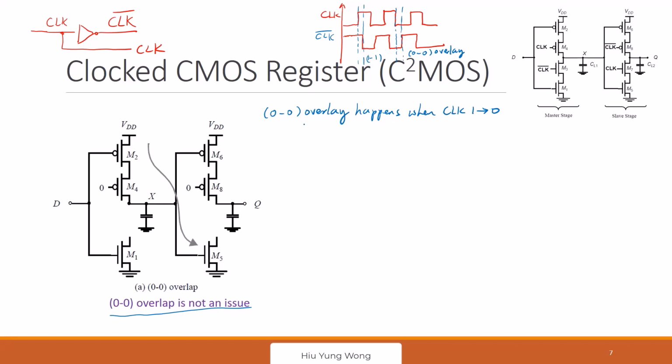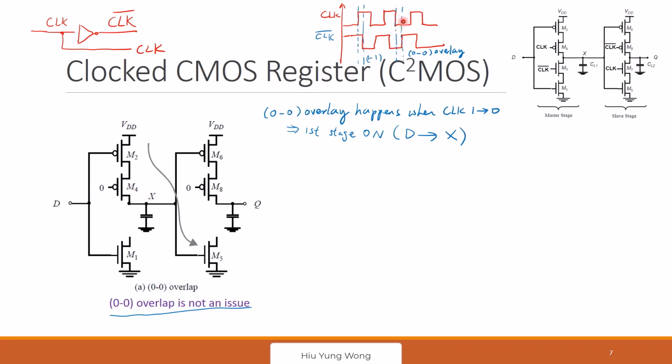So when clock goes from 1 to 0, it means what? The first stage is on, right? It means we try to copy D to X when the clock goes from 1 to 0.